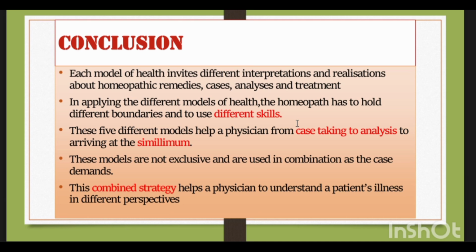As homeopaths, we need to be flexible. We need to use all these glasses. Remember, these 5 models are the tools in your toolbox. We do not use just one tool for every job. You use them all together based on what the patient needs. This is how we truly understand a patient and find the best way to help them heal.